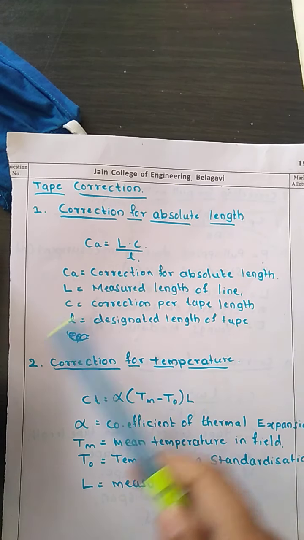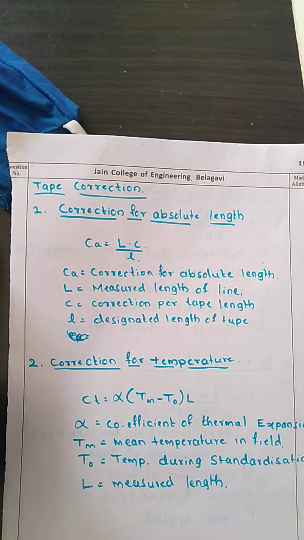Hence we need to have the temperature correction for this. For that we are going to utilize the formula Ct is equal to alpha into bracket Tm minus T naught into L, where alpha is the coefficient of thermal expansion and Tm is the mean temperature in the field, that is whatever the temperature is there in the field.